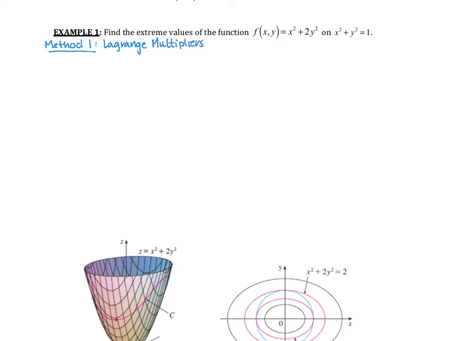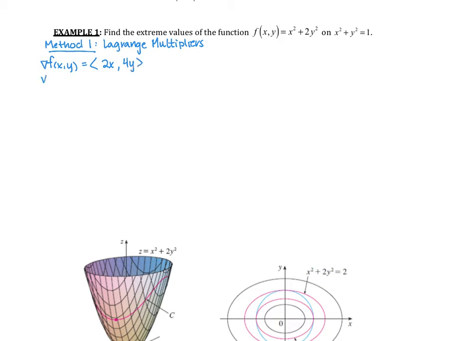What we know is that the gradient of f is really just a way to organize our partial derivatives. So the gradient of f of xy is equal to the vector represented by the partials. The partial with respect to x for f would be 2x, and the partial derivative with respect to y would be 4y.